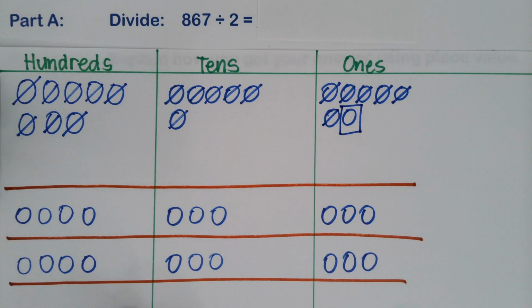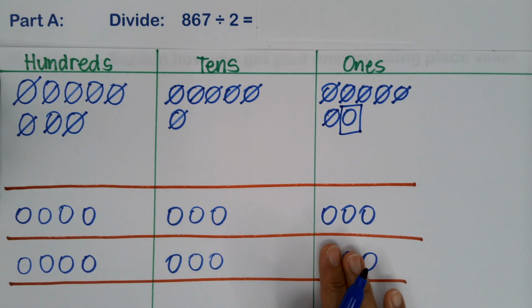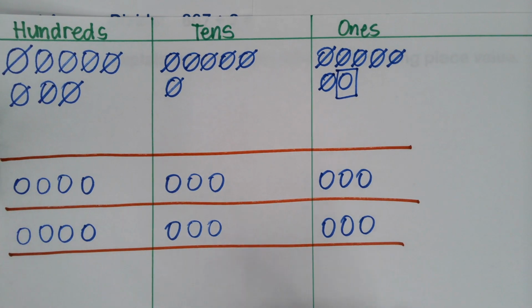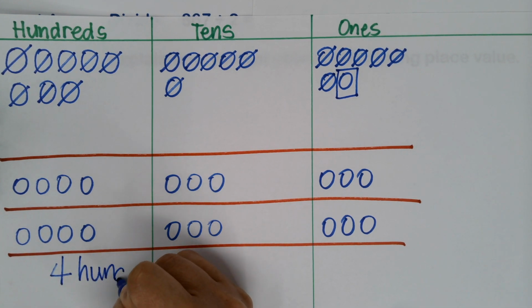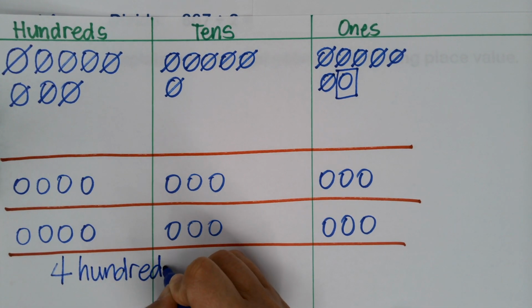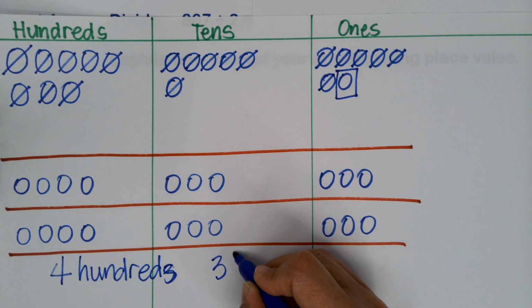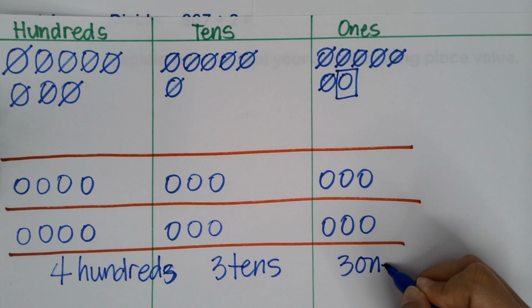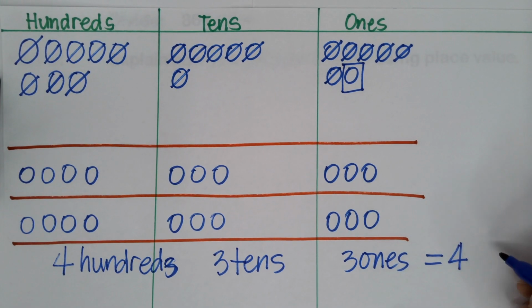So therefore each group has 4 hundreds, 3 tens, and 3 ones, and this is equal to 433.